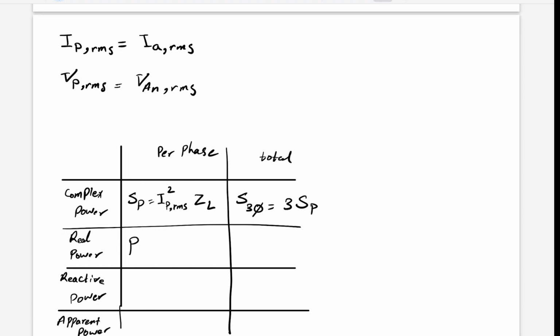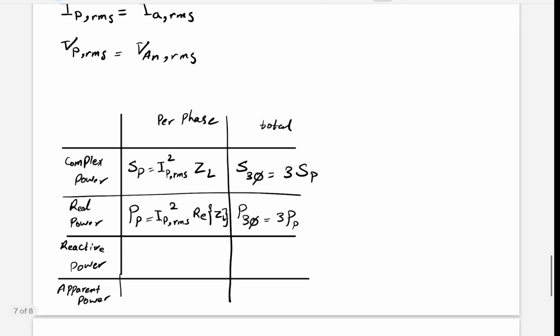And for the real power, what was the real power? It was IP RMS squared times the real part of ZL. Okay, and the 3 phase real power is equal to 3 times the real power per phase.